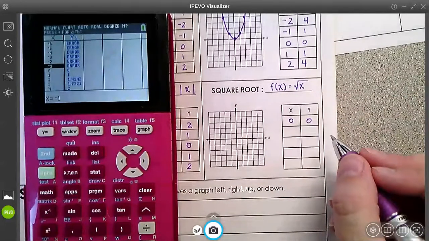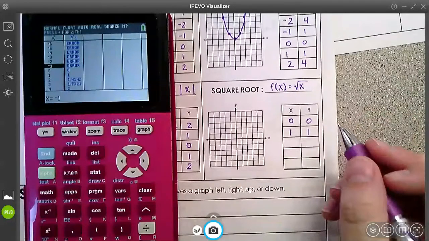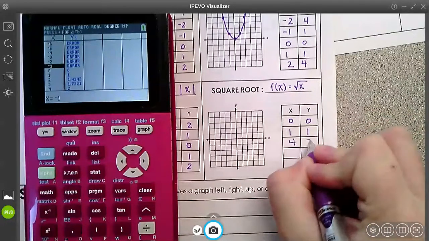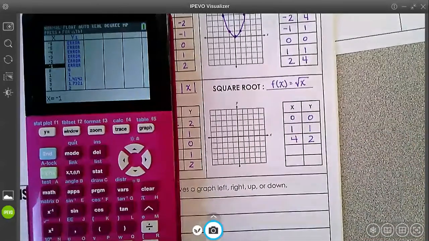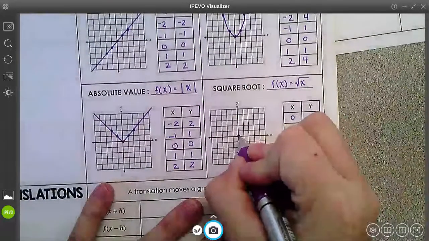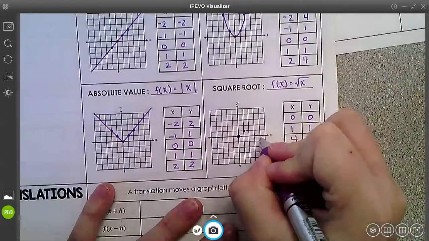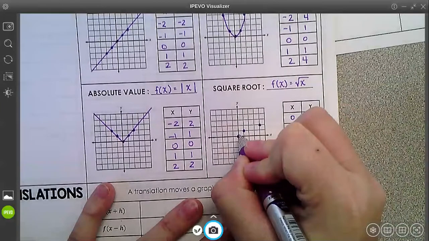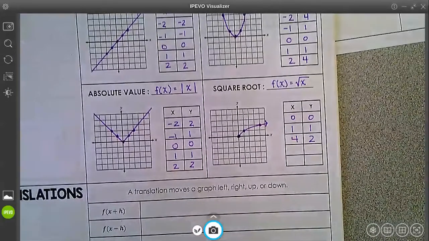And with this one, a lot of them are decimals, so I'm just going to get some that are whole numbers. So 0, 0, 1, 1, and 4, 2. And it's that shape. That's what a square root looks like.